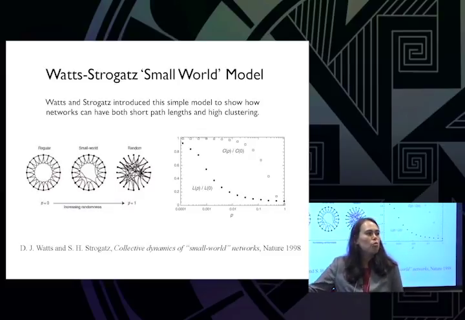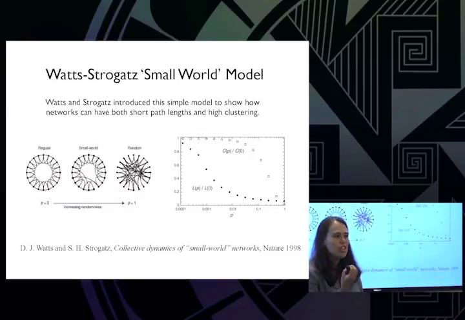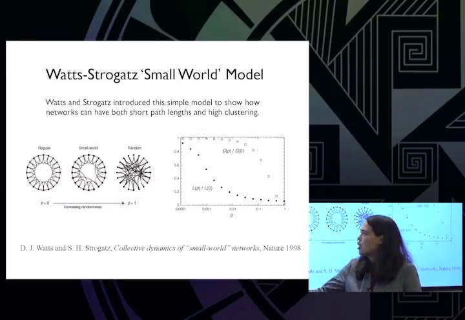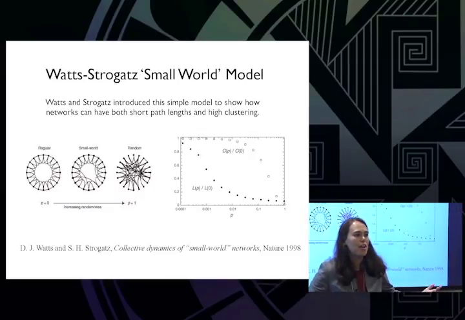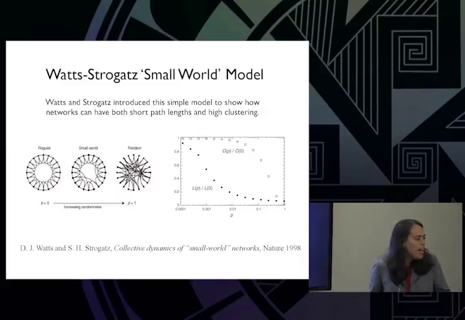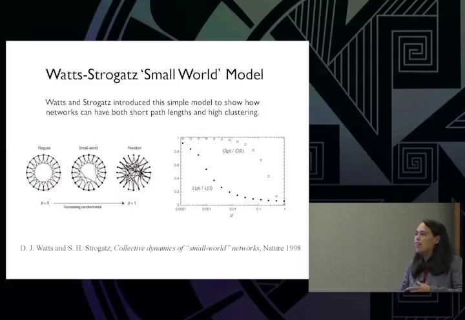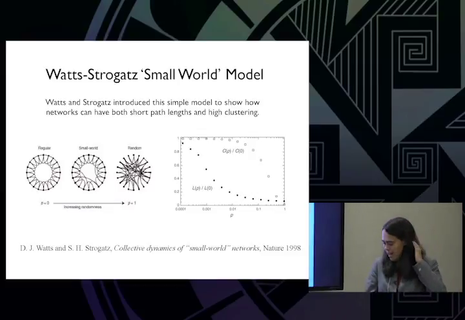So you get this big range over which you can have both highly local social network structure, where we have this high clustering, but also all the advantages of the random network, where you have short path length. So this was an explanatory model of some of the features that we see in real-world networks.